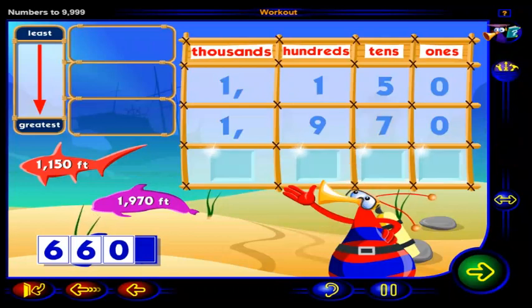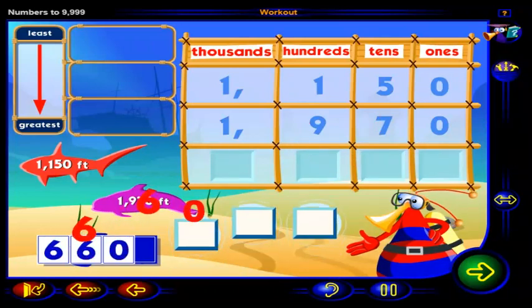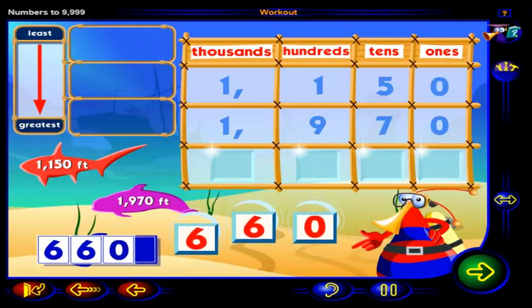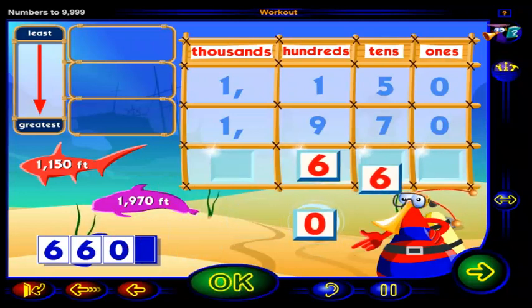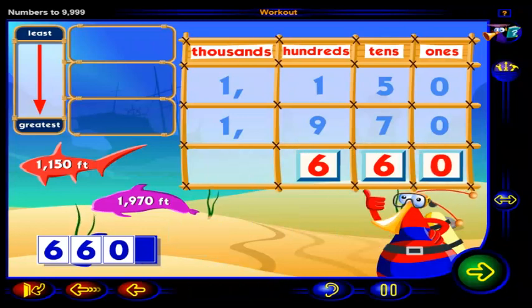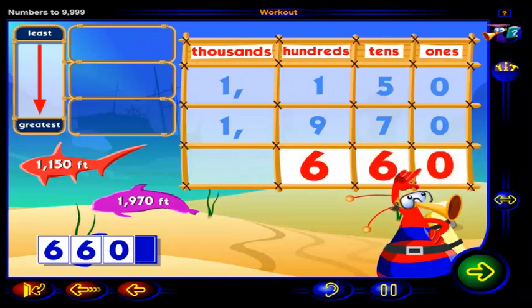In what places do the digits of this number go? Drag the digits to the correct places, and when you're done, click OK. That's it. The digits go here, here, and here.